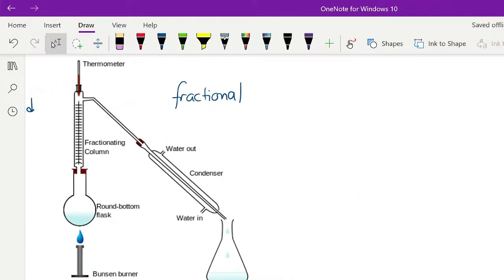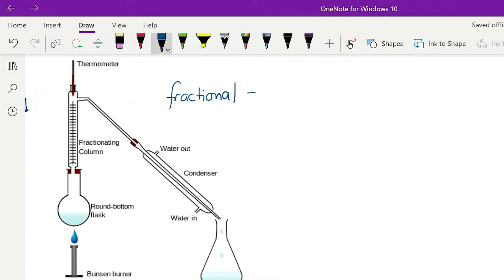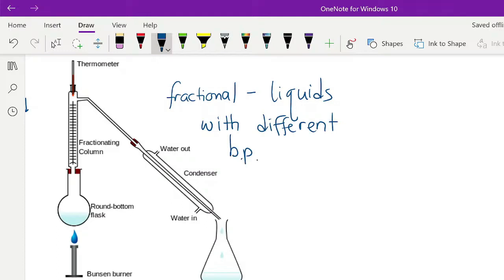If you want to separate two different liquids with different boiling points, then you use fractional distillation. For example, water and ethanol. Water boils at 100 degrees Celsius, ethanol at 78 degrees Celsius.